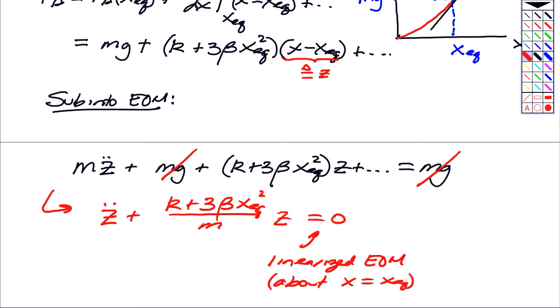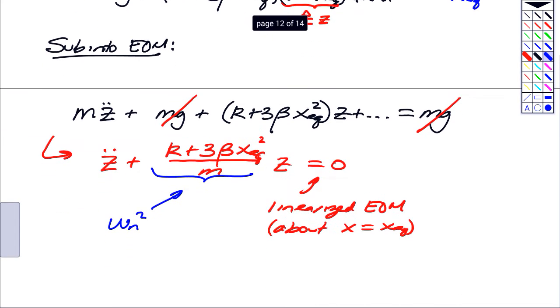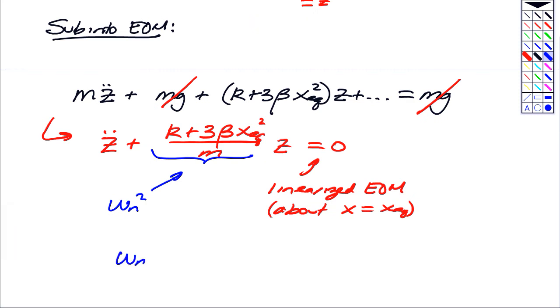This is, for small oscillations, what the square is of our natural frequency. So the natural frequency for small oscillations about that state is the square root of k, which we know, plus 3 beta, which we know, times the equilibrium state, which we know, squared, divided by m.